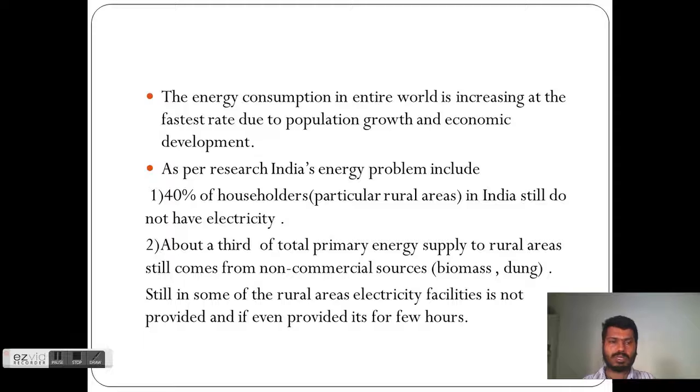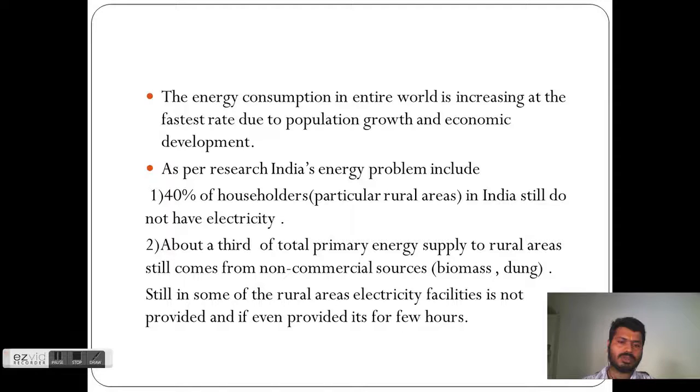and as the energy consumption grows, the world is increasing at the fastest rate, the population is also growing a lot, and there is economic development. Some research says that in India 40% of people do not have appropriate electrical energy being served or facilitated.